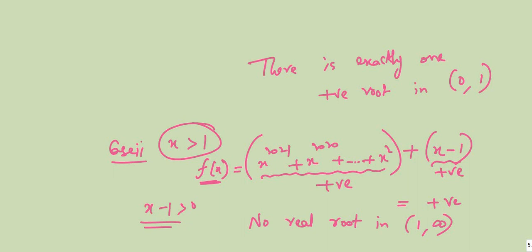Okay. So what you can do is write f of x equal to 0 as x power 2021 plus x power 2020 plus so on plus x is equal to 1, because I am transposing 1 to the right hand side. So I wrote it like this, right?